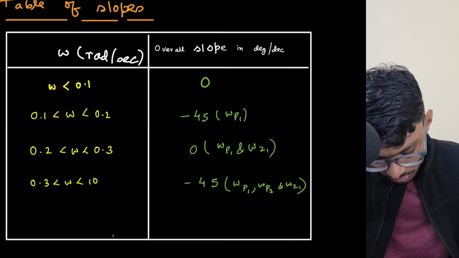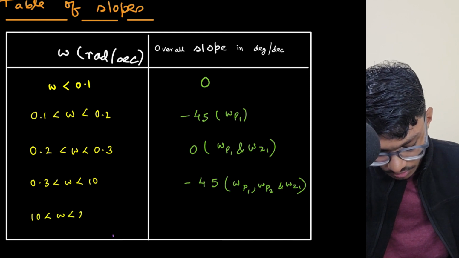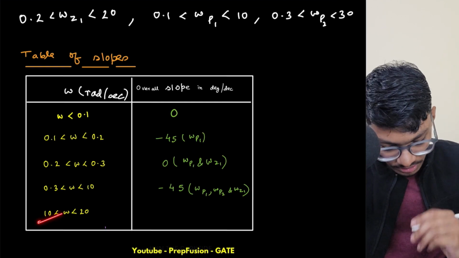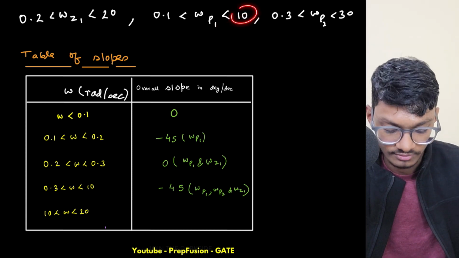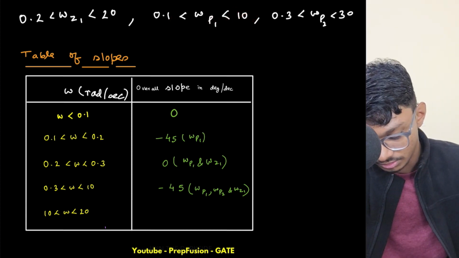Now our omega is varying from, what is the next least range? 20. As we move greater than 20, the effect of this pole is gone. So after 10, the effect of the pole is gone.